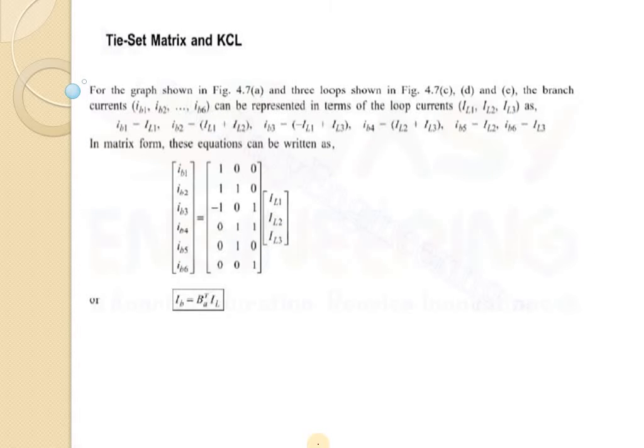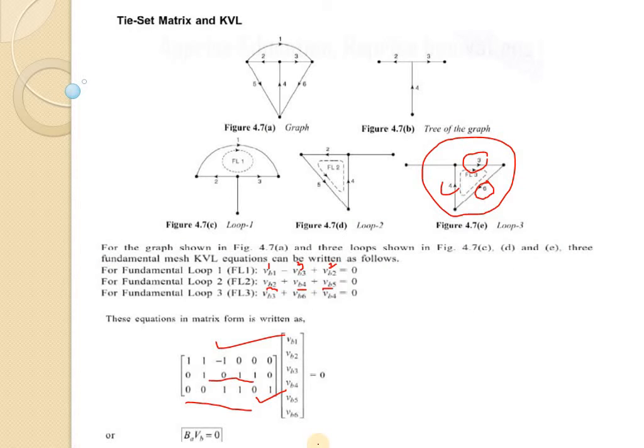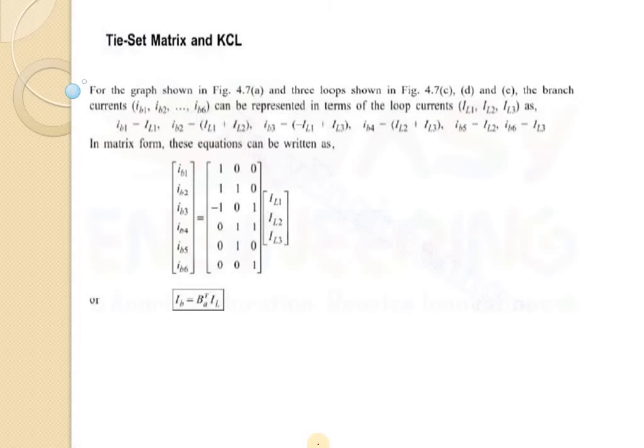In a similar way, for the tie-set matrix and KCL equations, we can do the same for that same graph, which is 4.7a, and using the tree and all the nodes, we will calculate the branch currents IB1, IB2 and IB6, which have been represented as loop currents IL1, IL2 and IL3.